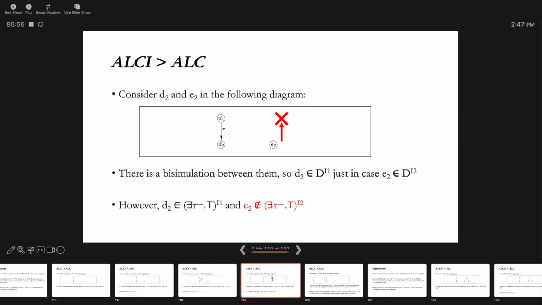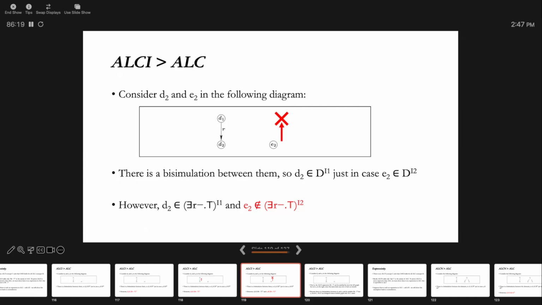There's nothing looking at E2, and you can show that. There's no inverse. If you just have the ALC language without inverses, you can't say the first thing. You can't say something's looking at me. And so as far as ALC is concerned, these things are the same.